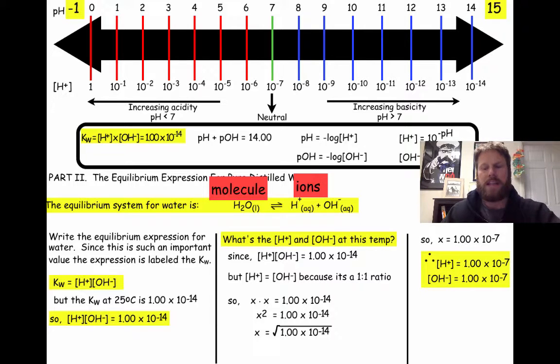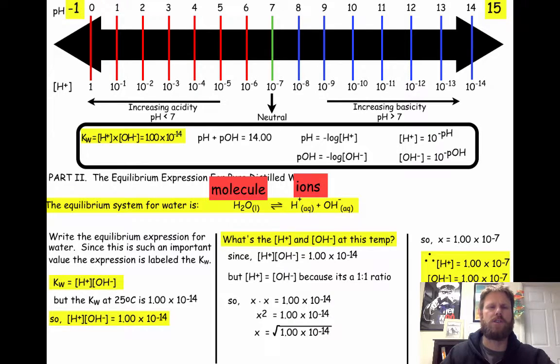So at 25 degrees Celsius, the concentration of both H plus and OH minus is 1 times 10 to the negative 7th. If we look on our pH scale for H plus ion concentration, that corresponds to the neutral pH. So water is unique because it shows that when we have an equal concentration of H plus ion and OH minus ion, we're going to end up getting a neutral pH.